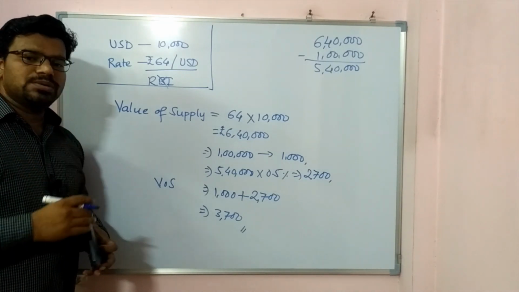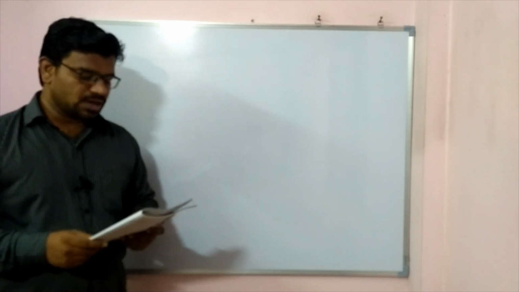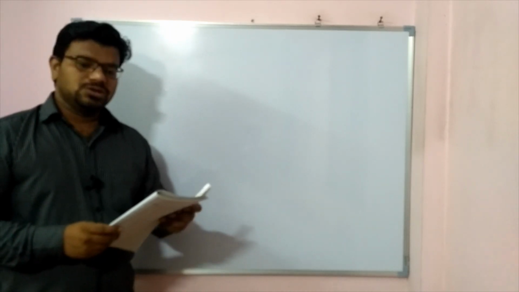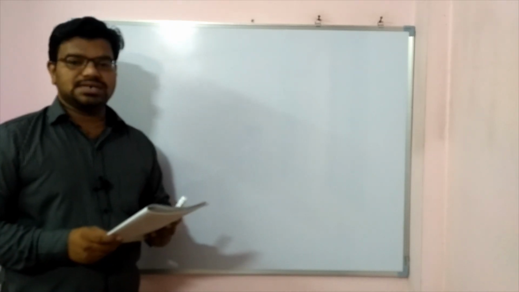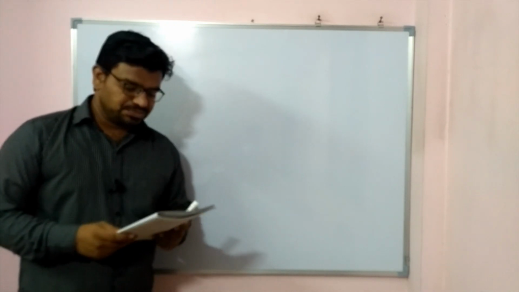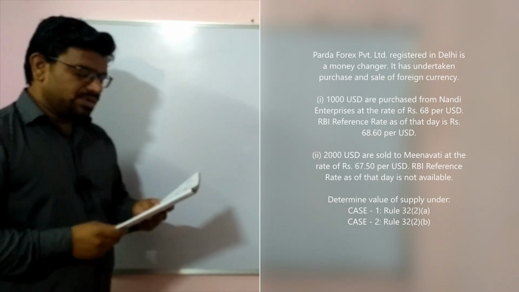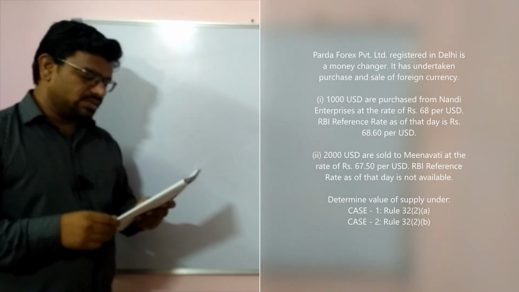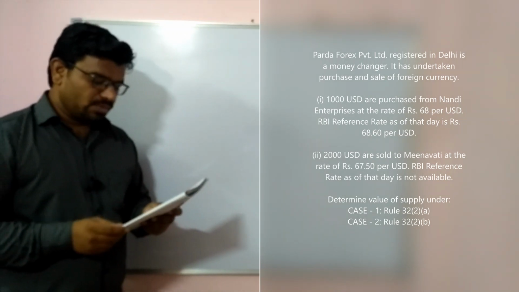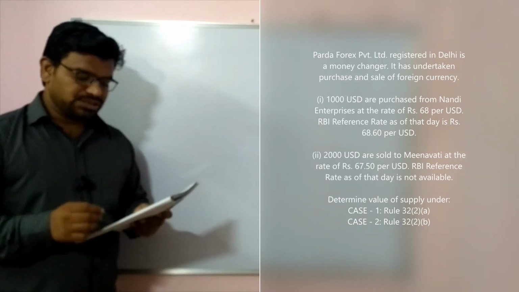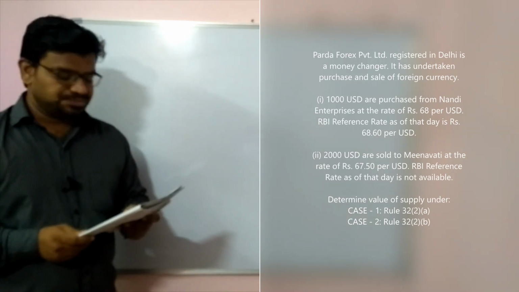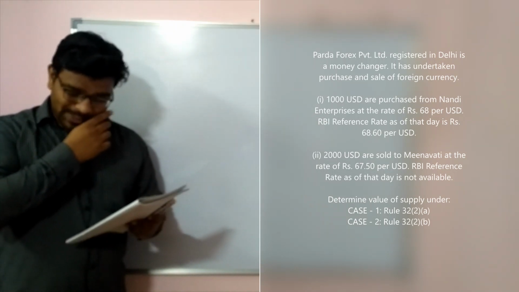We will solve one more problem now. This question was asked in CA Final November 2019 RTB, that is revision test paper. Parda Forex Private Limited, registered in Delhi, is a money changer. It has undertaken purchase and sale of foreign currency. There are 2 points.